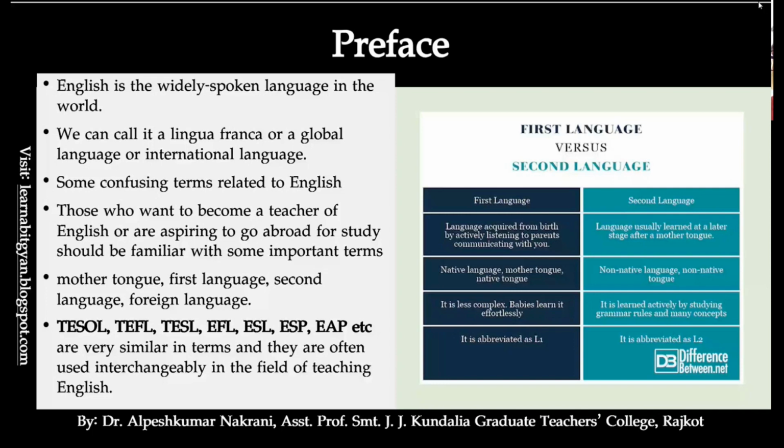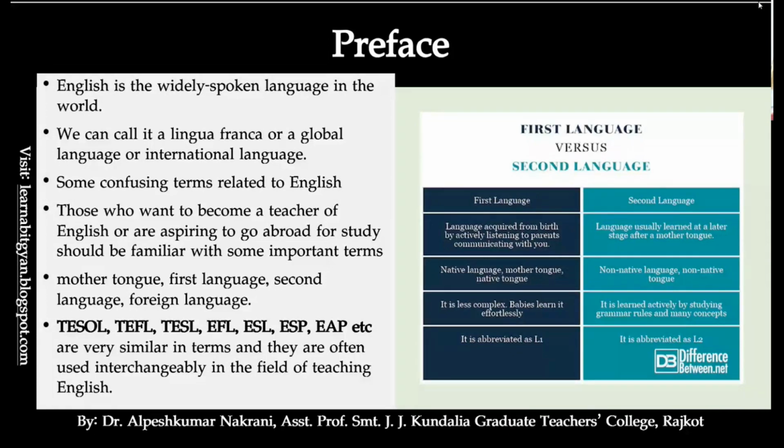It cannot be learned naturally, effortlessly. You have to make efforts. You have to study grammar and its rules. You have to be clear about many concepts about the language. Then you will be able to learn. The other term used for second language is L2.